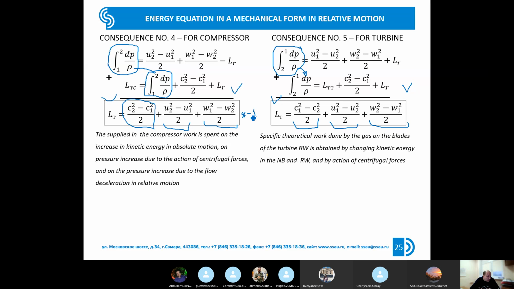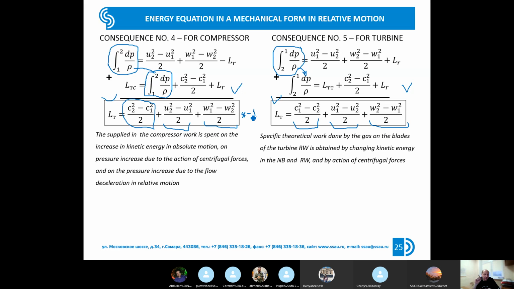It means that the compressors and the turbines use the same physical principles as the basis of the operating process. So compressors and turbines have the same physical base of the working process.